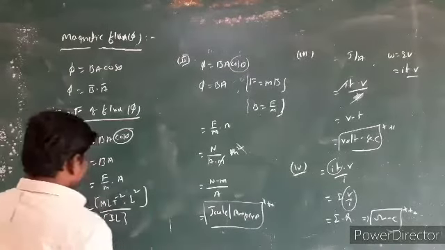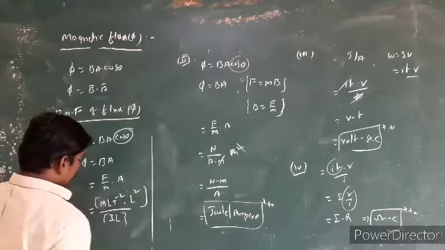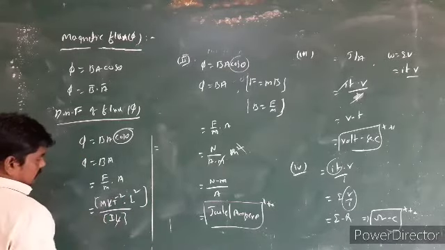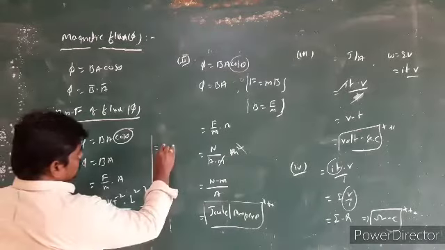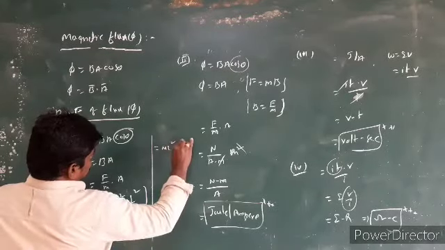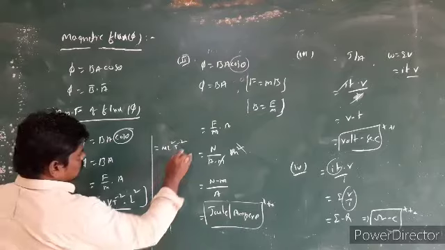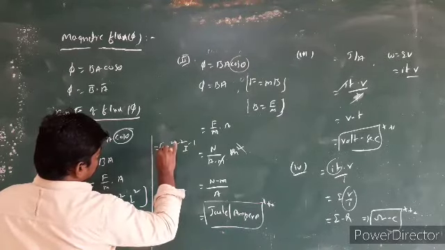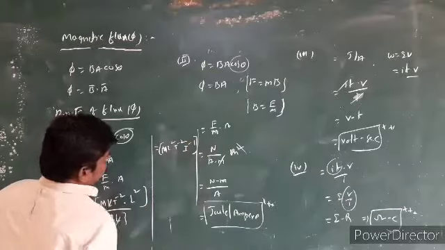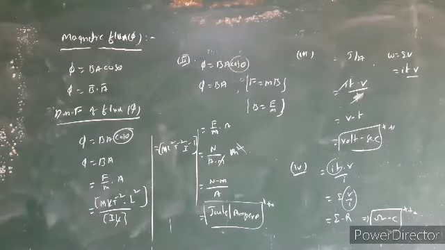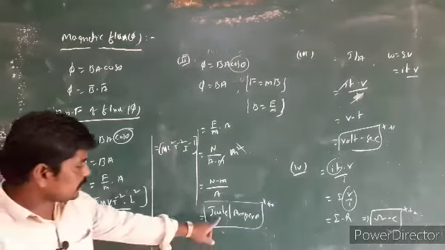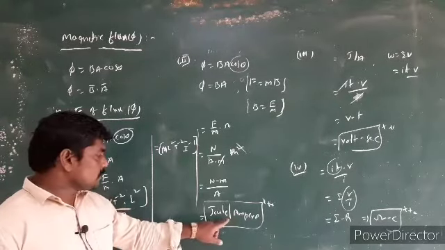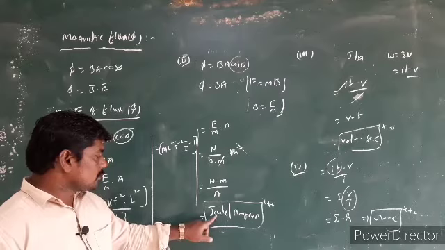Now from that we can write the dimensional formula of phi: cancel L, L, so ML square T power minus 2 I power minus 1. This is the dimensional formula of flux. From this we can write joule per ampere, this is one unit. Now from this unit we can write the dimensional formula.